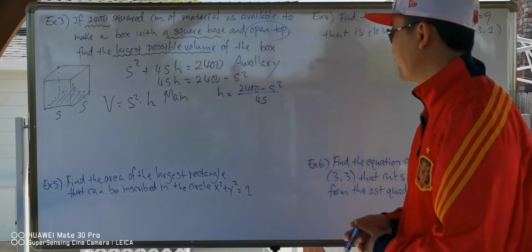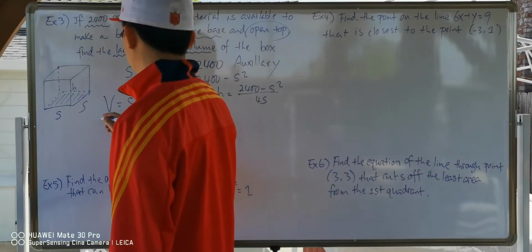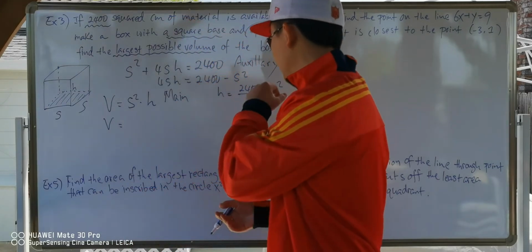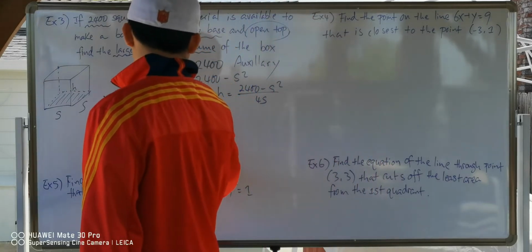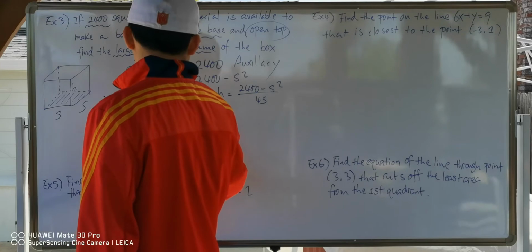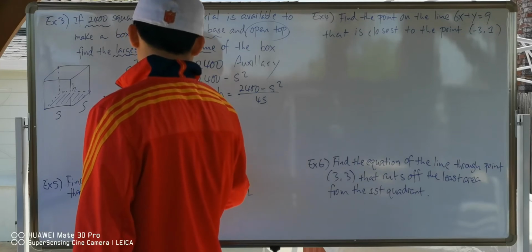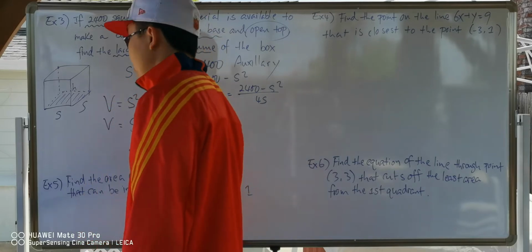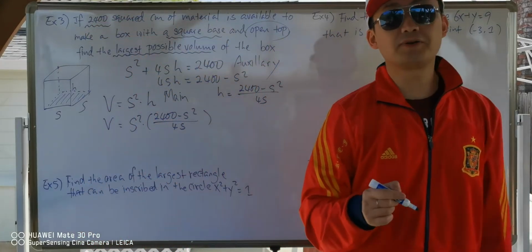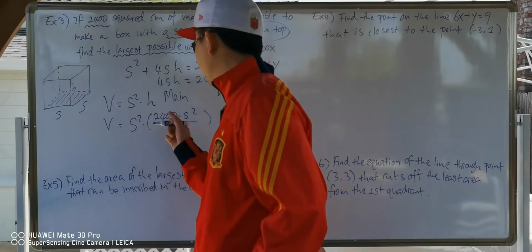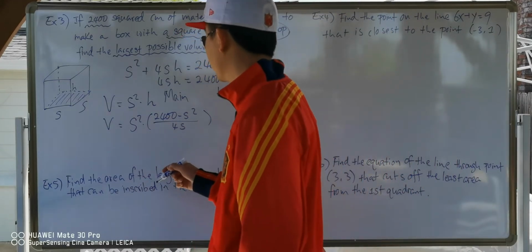Now for the volume, that's a constant, so let's just rewrite it as a constant, V, equals s squared times the quantity 2400 minus s squared over 4s. Don't forget, the main equation is the volume, so that's the one we need to differentiate and find the derivative. But before you find the derivative, you want to reduce.